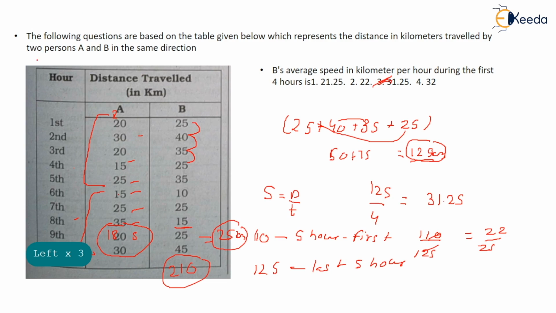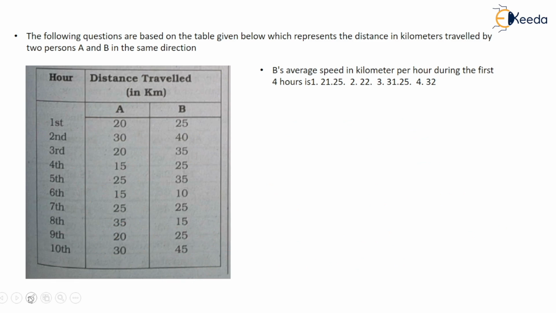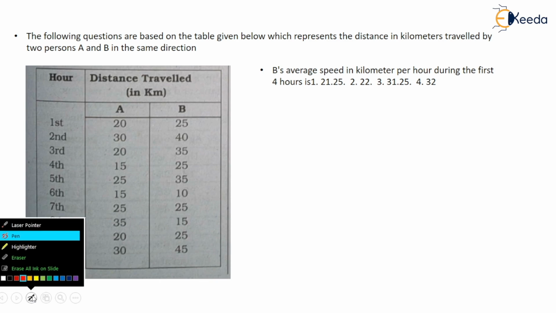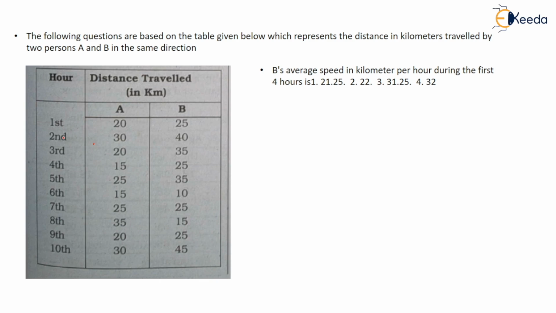So you can check like this: 1 plus 2, that is 50, and this comes out to be 25. At what time they ask you the distance was maximum? So 1 plus 2, that is 50, this is 65. So 65 minus 50, this is 15.